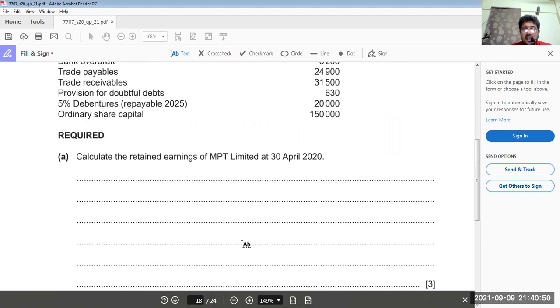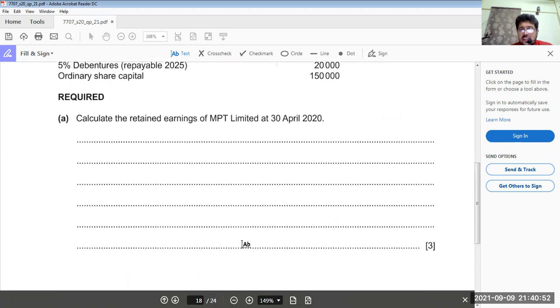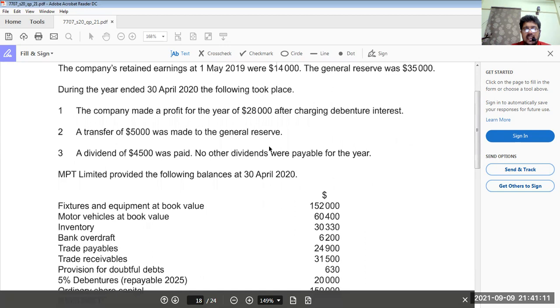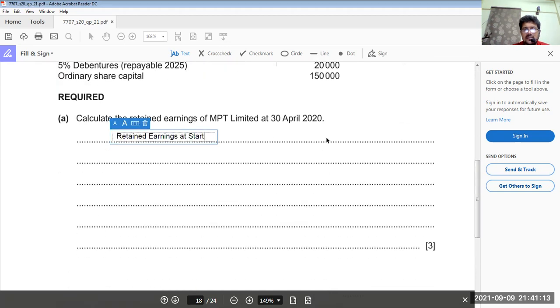Now, first we have to calculate retained earnings on 30th April 2020. So what we have to do? First step, retained earnings at start. How much? That is $14,000. Done. Next item. What we have to add over here?